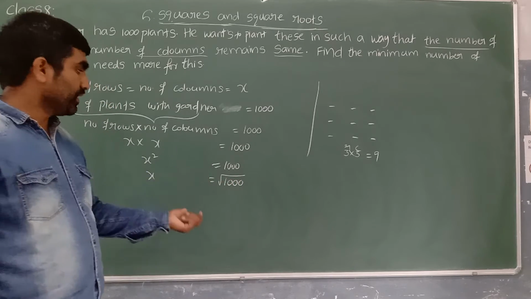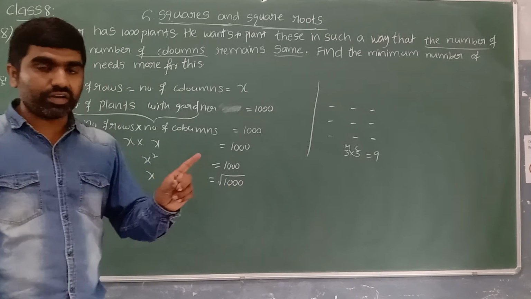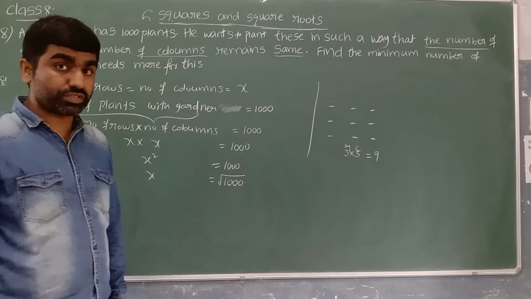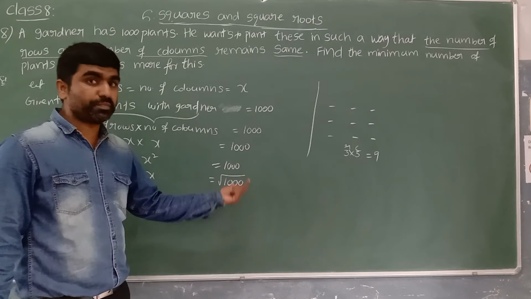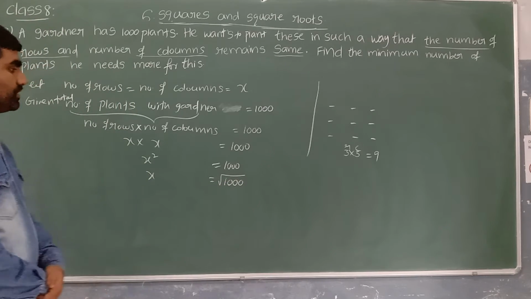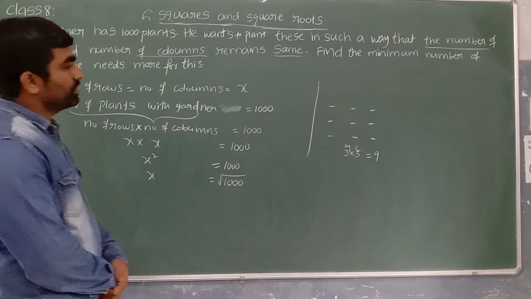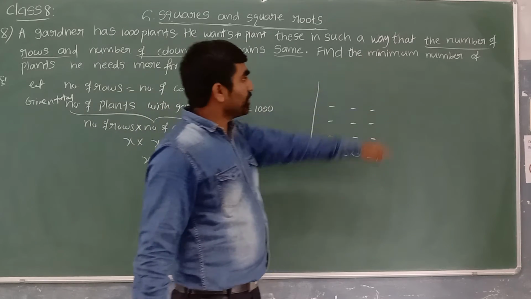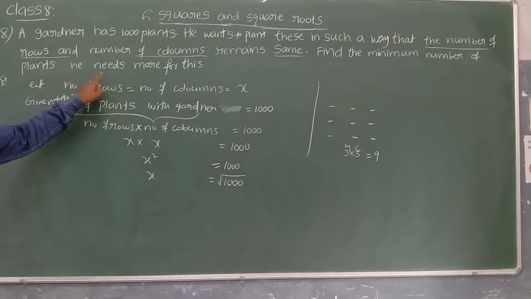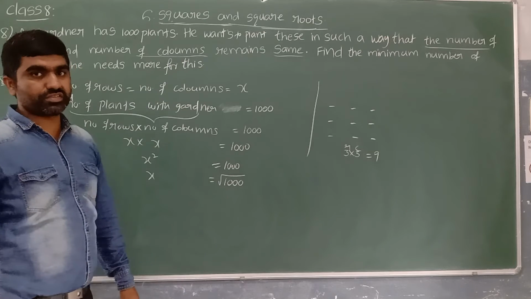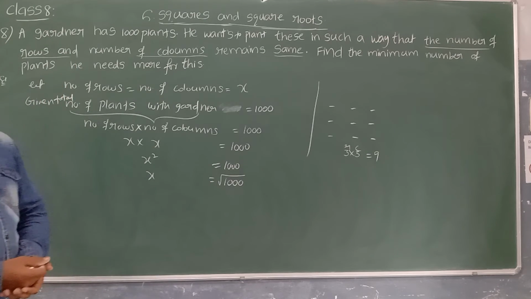A perfect square cannot end with an odd number of zeros; a perfect square always ends with an even number of zeros. Because of that, he is asking to find the minimum number of plants he needs more for this. How many plants do we need, he is asking.